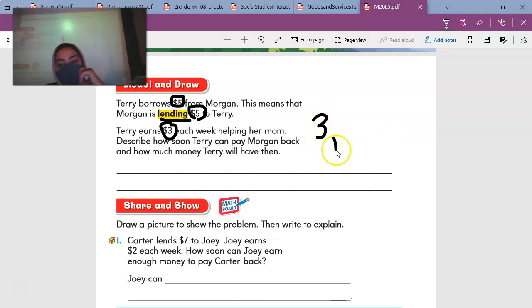She gets $3 the next week. 3 plus 3 is what? 6. So in 2 weeks, she'll have $6, right? Is that enough to pay back 5? Yes, it is. So how long will it take to pay back the $5? 2 weeks. She gets $3 each week. It'll take 2 weeks, guys, to pay back the $5.